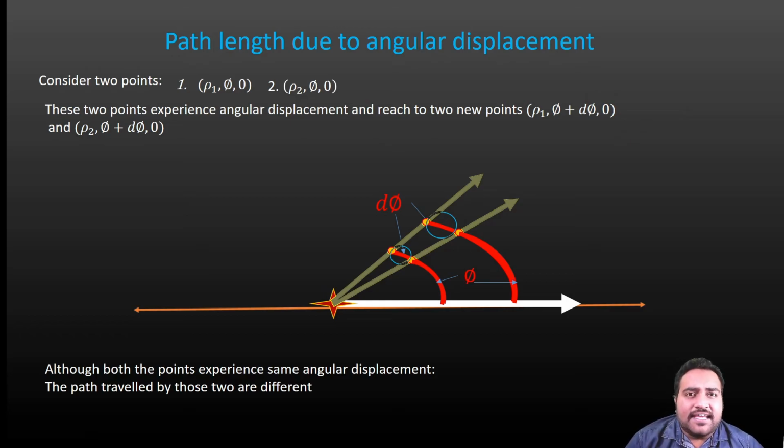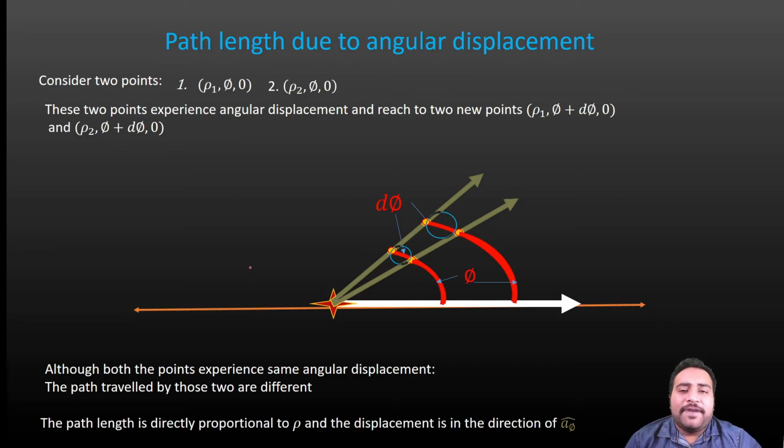It is very clear that the path travelled by the first point is much smaller in magnitude compared to the path travelled by the second point. That means path length is not just dependent on angular displacement, but is also dependent on the magnitude. The magnitude here being rho.